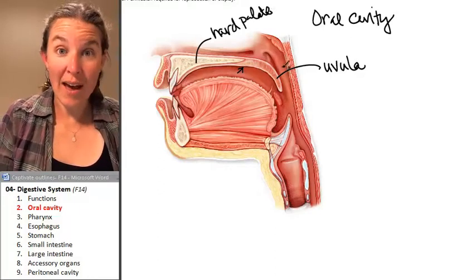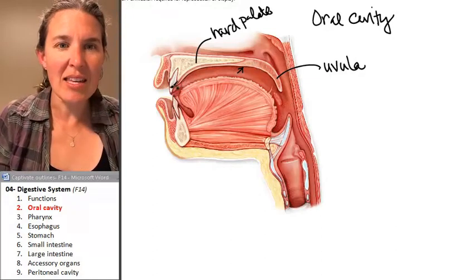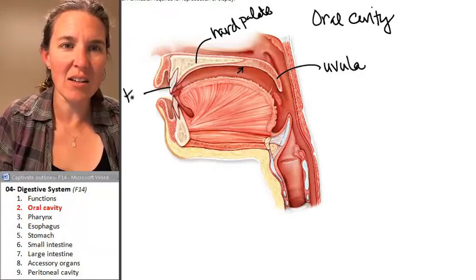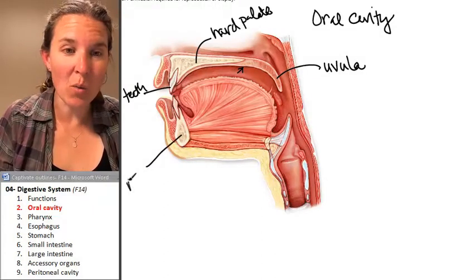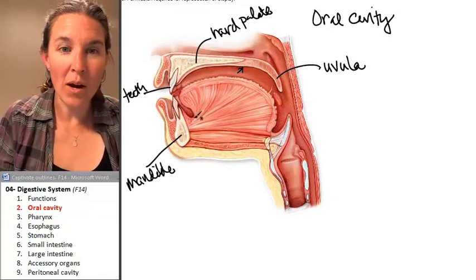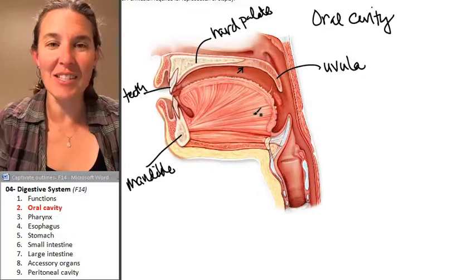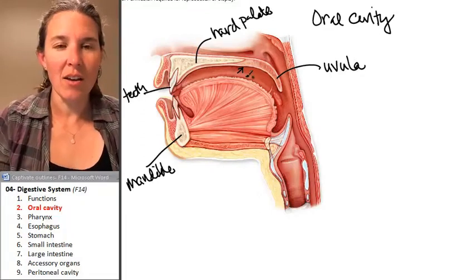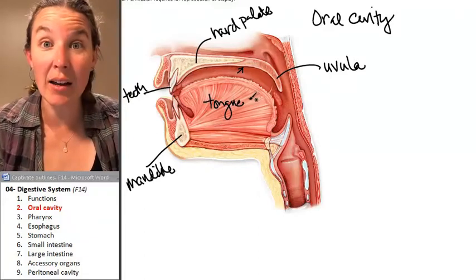Your oral cavity is the entire space. Check this out. These are your teeth. This is your mandible. That's a bone. What is this giant structure that looks like Elvis's hair? I know that this is shocking, but that's his tongue.